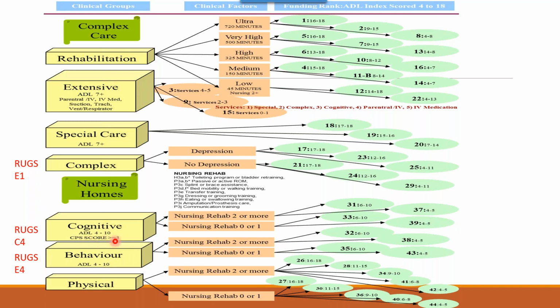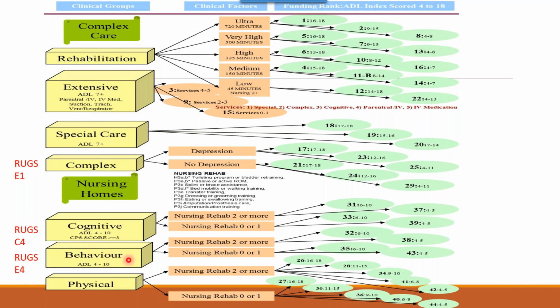And you can see here that you would go into the cognitive group if your cognitive performance score was greater than or equal to 3, and C4 is one of the items that make up that CPS scale. Okay, and then the E4 behavioral items also impact funding levels, and of course through the behaviors.